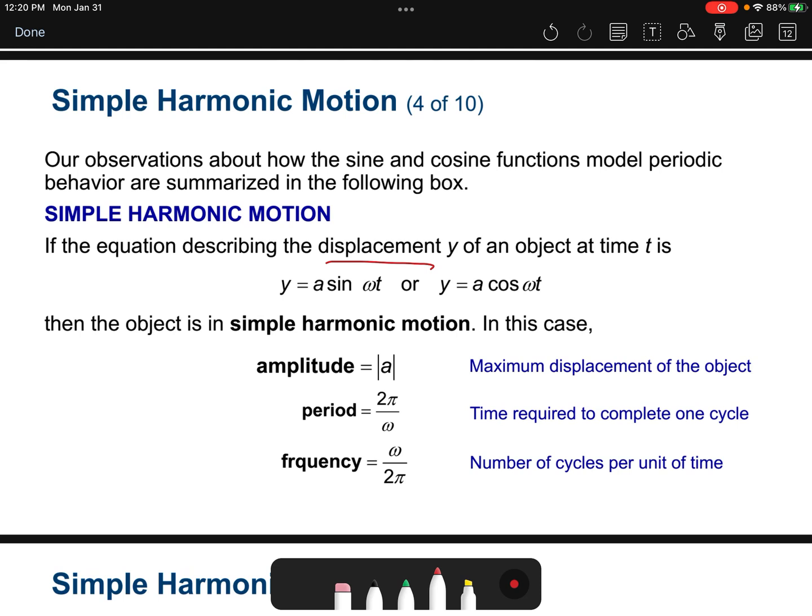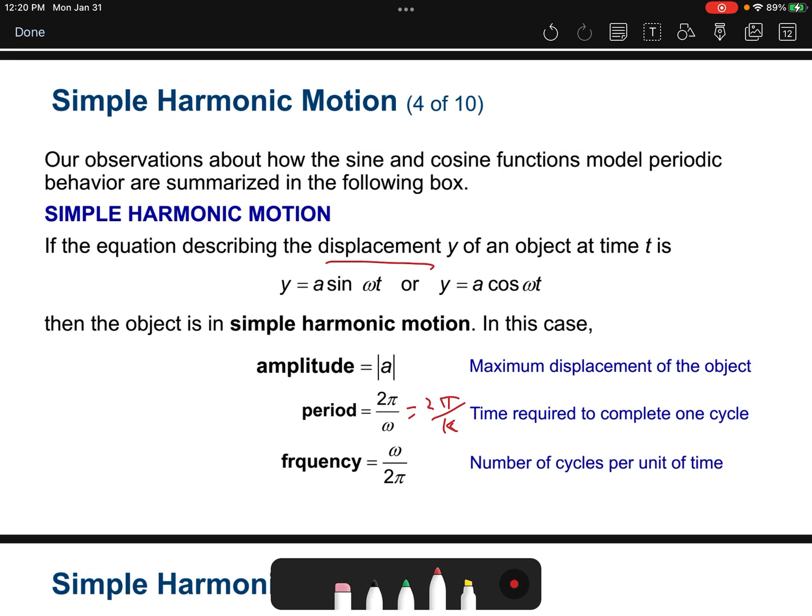The amplitude still is absolute value of A. The period now is 2 pi over omega. This is just 2 pi over K, by the way, nothing new. It's just that we're calling it omega.